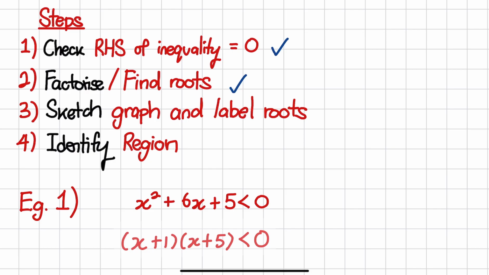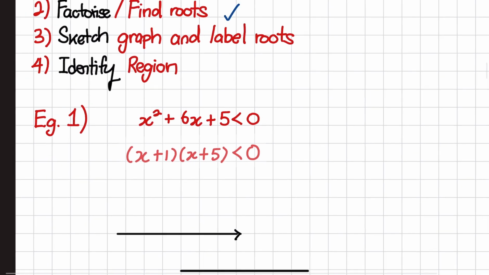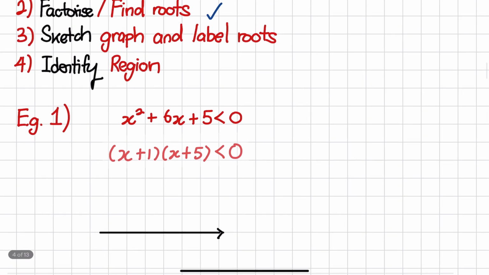Once I've done that, third step, I must sketch the graph. So now I'm going to sketch the graph. Imagine you draw your axis here first, and I check this based on this quadratic expression. I know that my coefficient of x squared here is a 1, and this is positive, so this means that this is a smiley face graph. So if I were to sketch, this will be a smiley face graph.